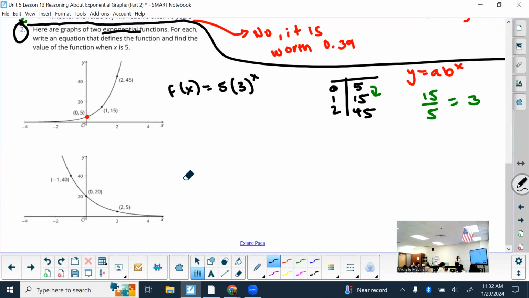Okay, well, let's use it as a model. Is this one also exponential? Okay, so then it should also follow this format. Let's call it g of x for fun. What's my a gonna be based on this graph?